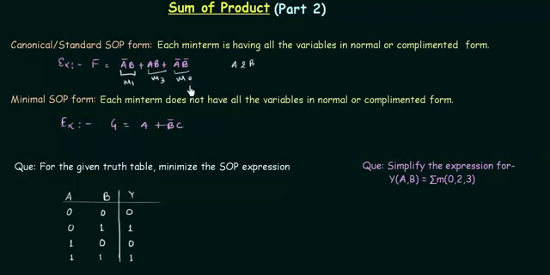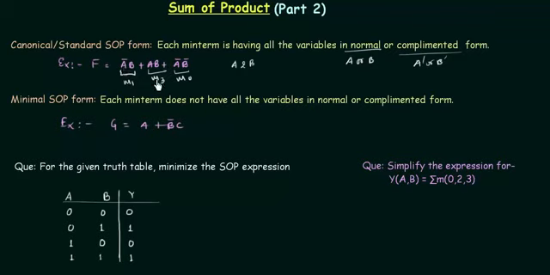So each of these minterms has a and b, whether in normal or complemented form. By normal I mean we have a or b, and by complemented form I mean a complement or b complement. So in M1 I have a in complemented form and b in normal form.